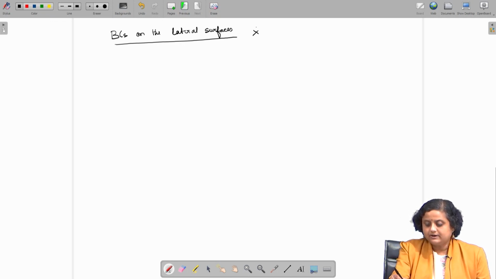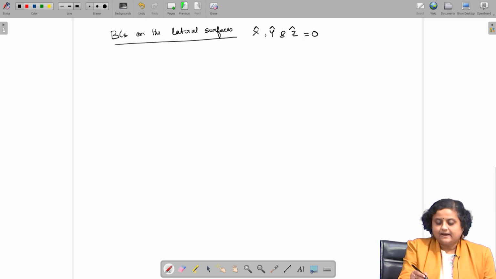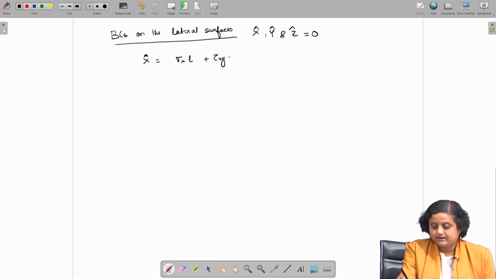So, on the boundary, X hat, Y hat and Z hat are equal to 0, which are the surface forces per unit area. Now, we know that X hat is equal to sigma x l plus tau x y m plus tau y z n.